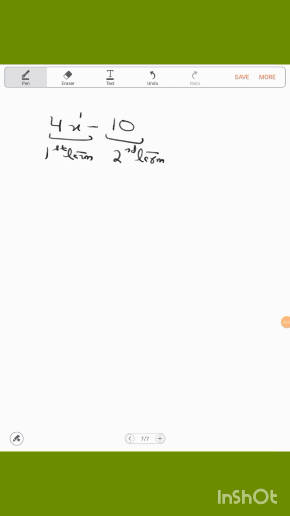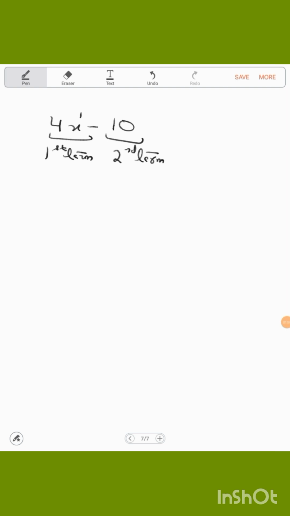Taking common means you are going to find any variable or any coefficient or any number that is similar between the two terms. So does x exist in the second term? Yes or no? No. So we cannot take x as common. Now we are moving towards the numbers, 4 and 10.